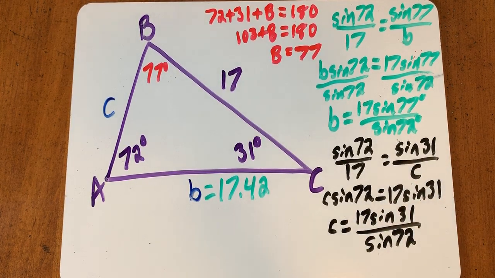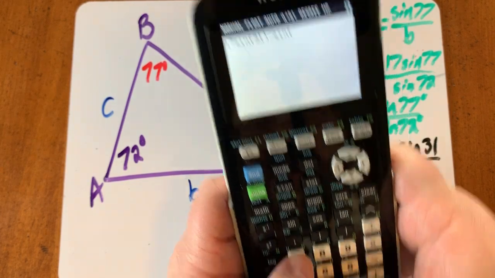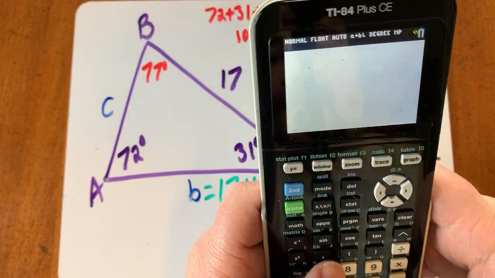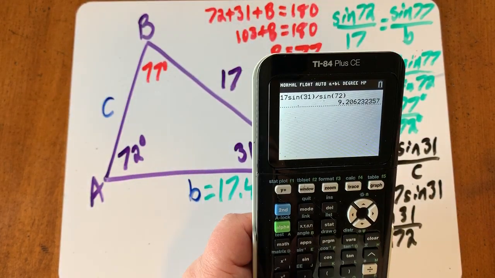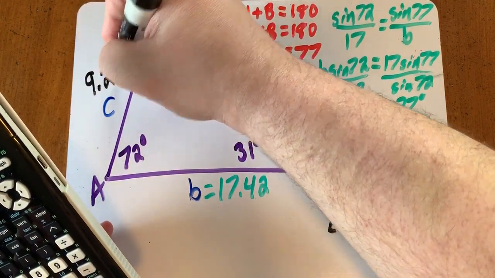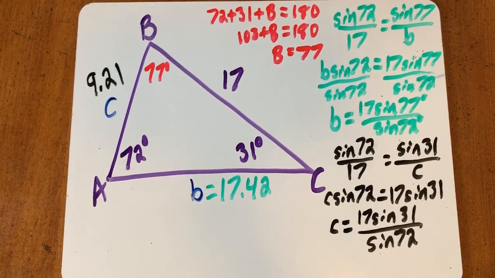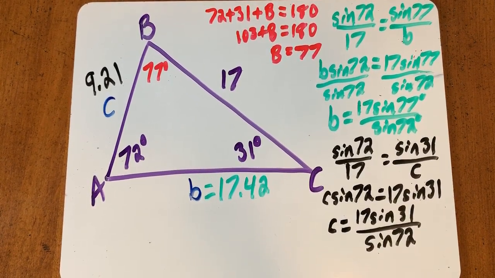And that is the exact value of c, which we will just be approximating using our calculator. 17 sine of 31 divided by sine of 72. And it's 9.21. So that is the solution to this triangle.